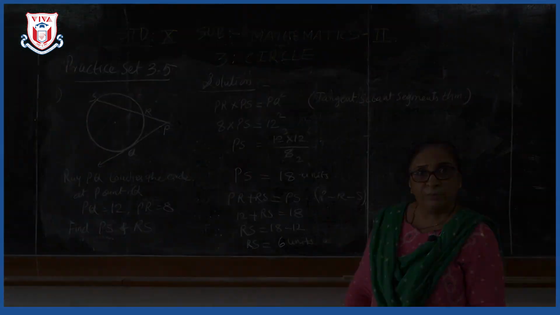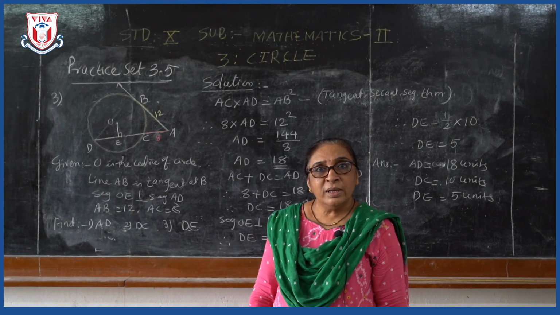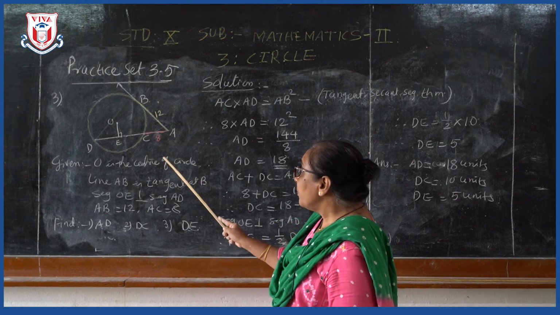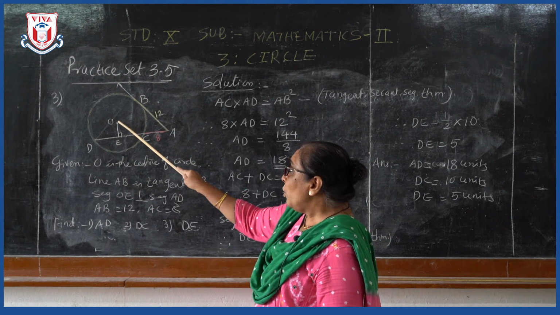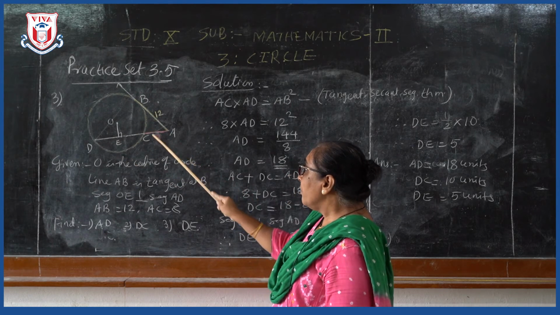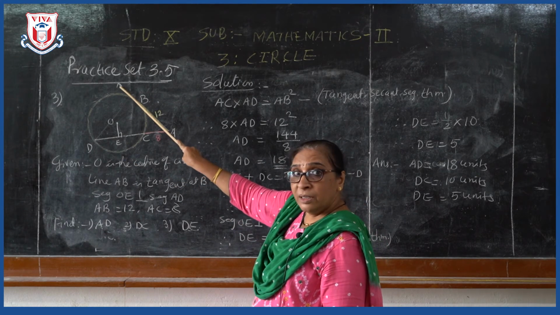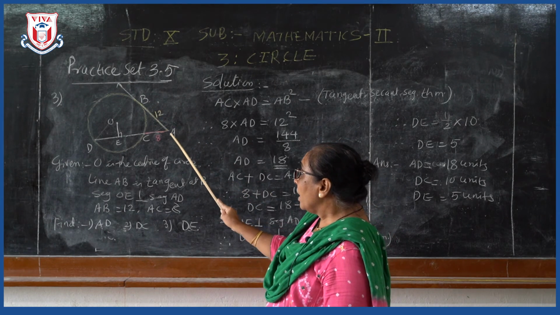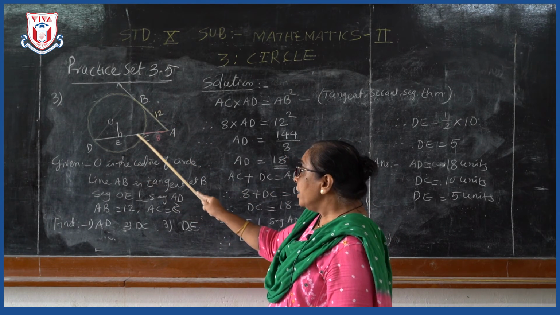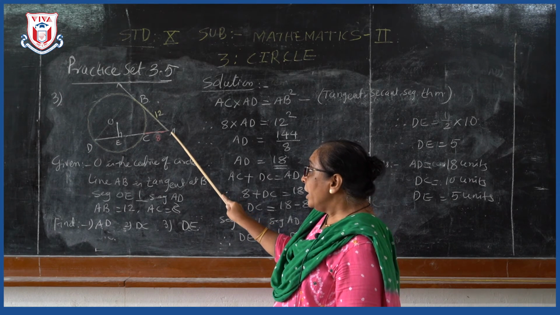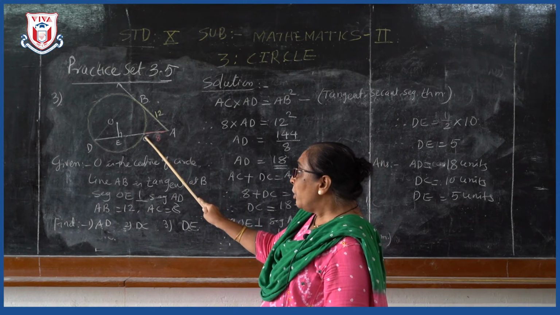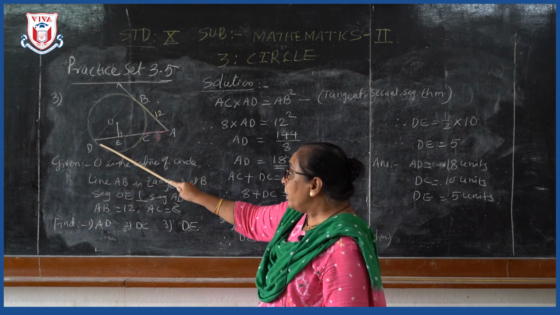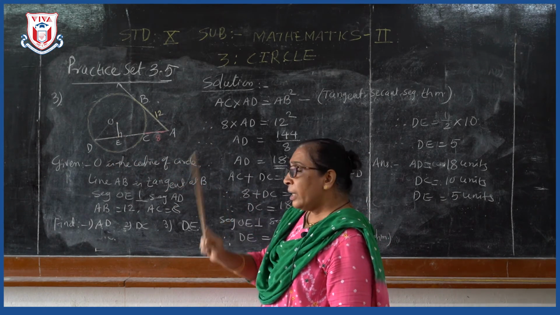Thank you. Now we will solve the third example of this practice set. See in this figure, O is the center of the circle, AB is the tangent at point B, then a secant through point A intersects the circle at points C and D. OE is perpendicular to segment AD.